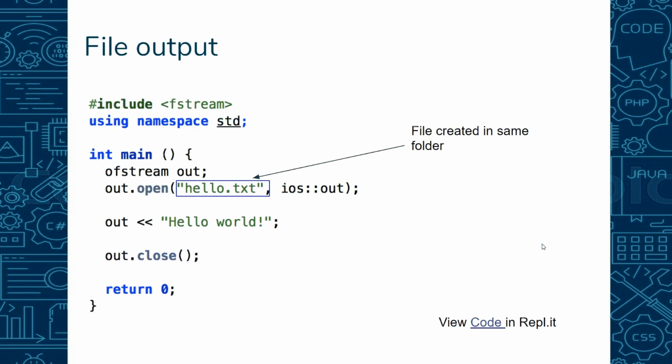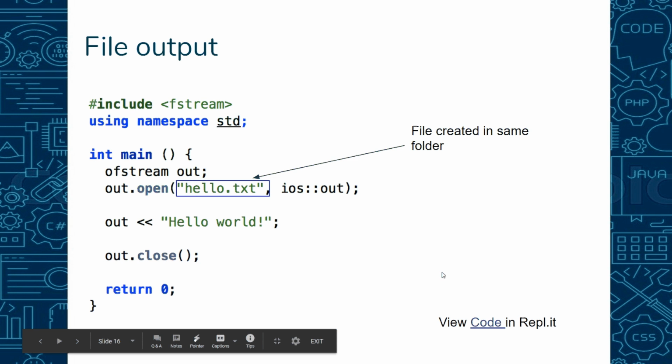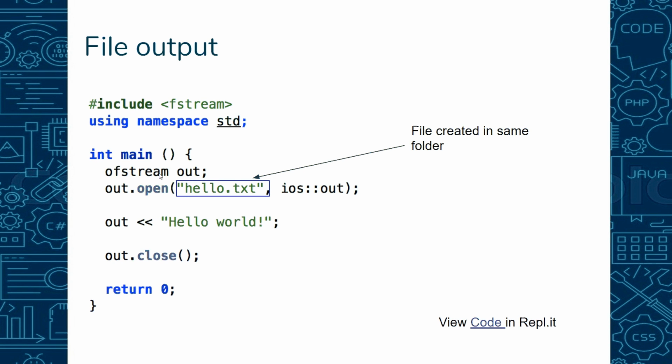Okay, here is an example of how you would write information to a file. In this case, I'm using ofstream, and the reason is because I'm writing out to a file. If you're writing out or if you're appending, either one, you'll use ofstream. So I declare the variable, so out is of type ofstream. Next I'm going to open the file, and I use the open command.